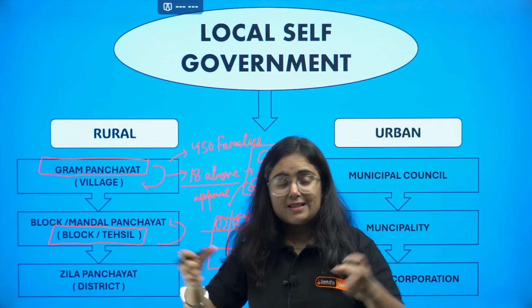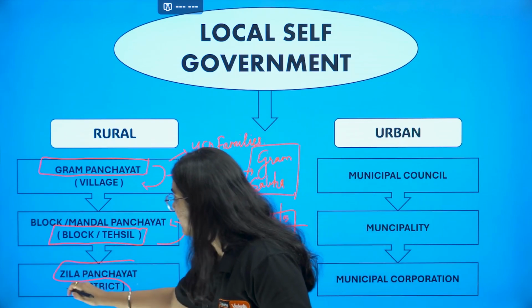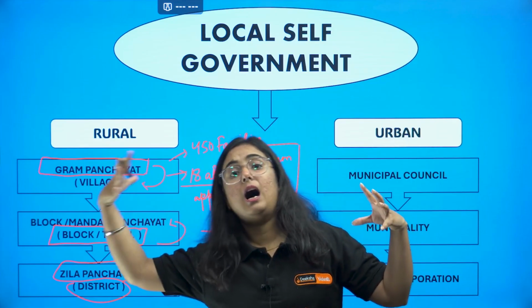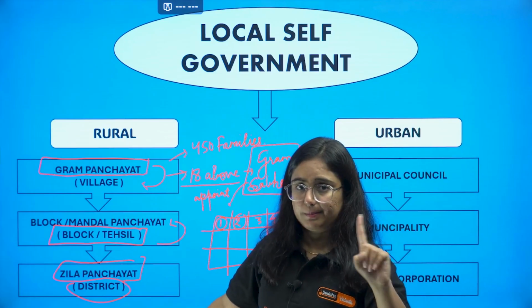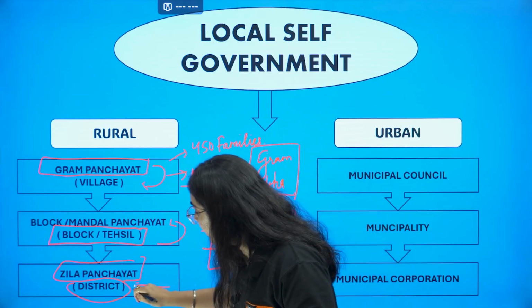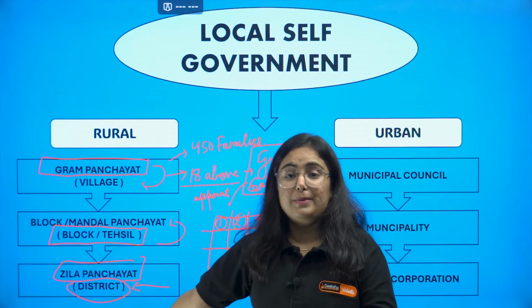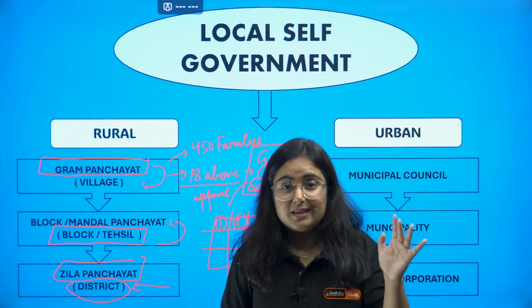Now all these are grouped together and it becomes a district. Village, block, district, but all these are rural, not urban. And the local government here will be known as Zilla Panchayat. Did you get this in mind?